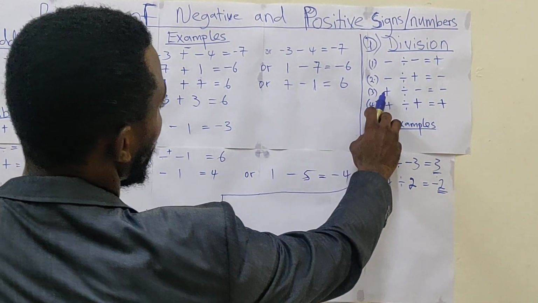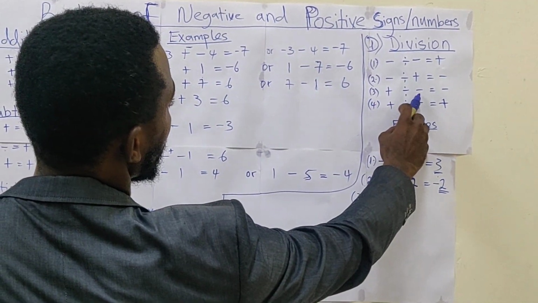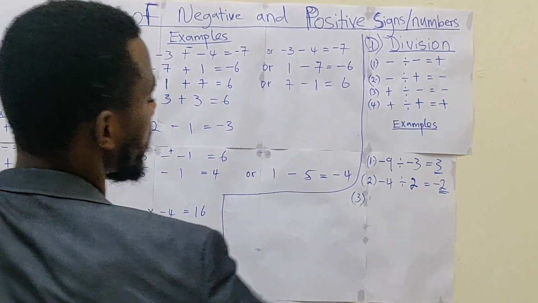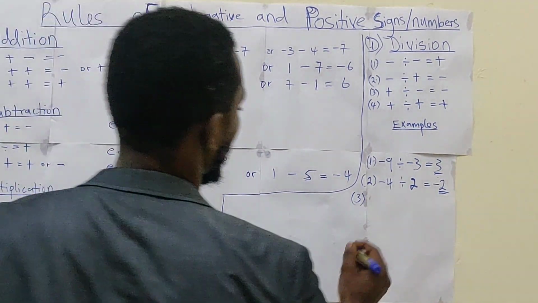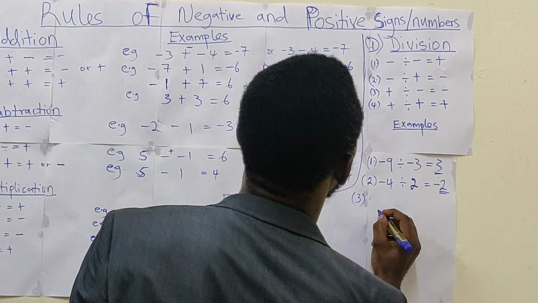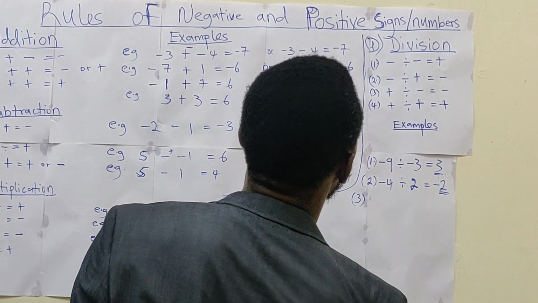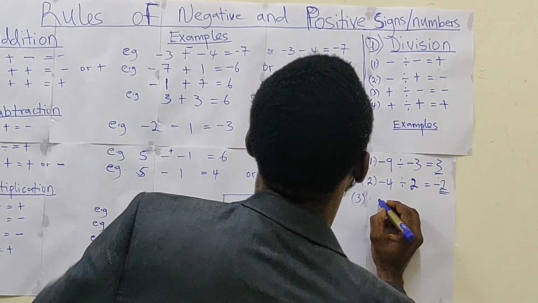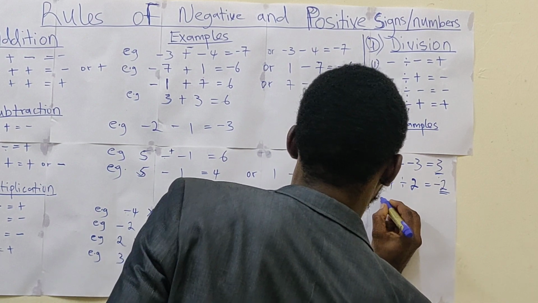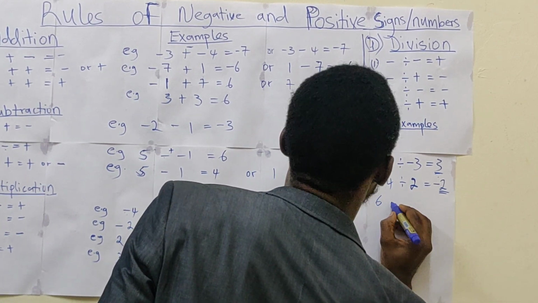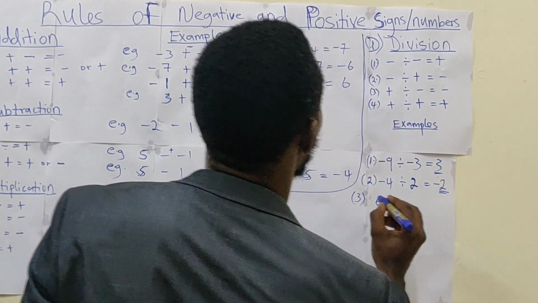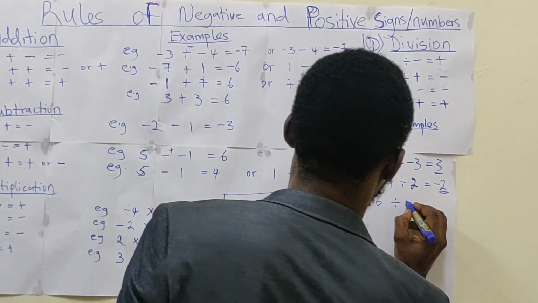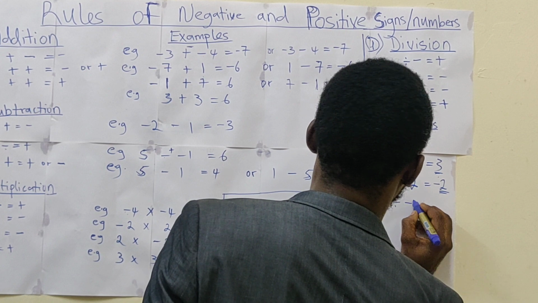Now, when a positive number is dividing with a negative number, it is negative. Let's look at an example. Let's say we have 6, which is positive, divided by negative 1.